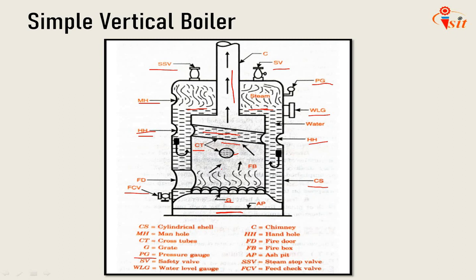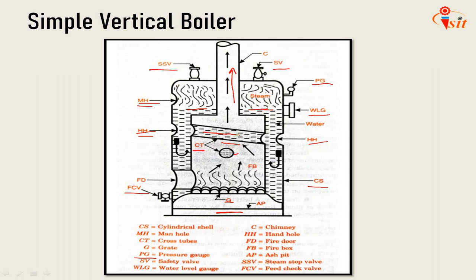Combustion gases, after heating the water and thus converting it into steam, escape to the atmosphere through the chimney. A manhole is provided to clean the interior of the boiler and the exterior of the combustion chamber and chimney.